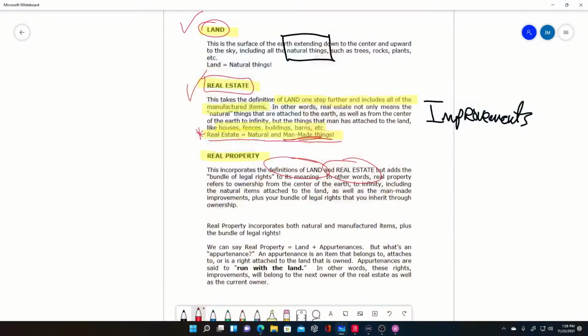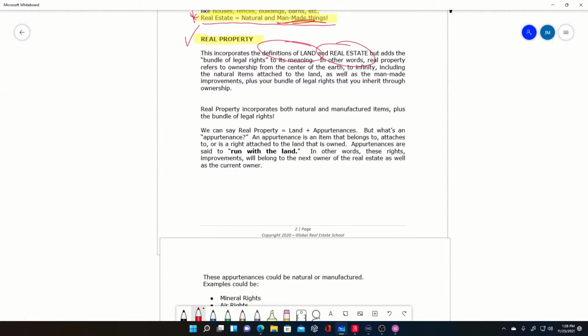Okay, so real property includes land, real estate, and it includes your bundle of legal rights. To reiterate, real property incorporates both natural and manufactured items, improvements, plus the bundle of legal rights.